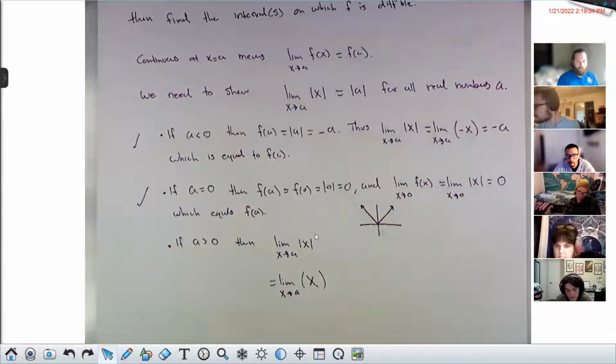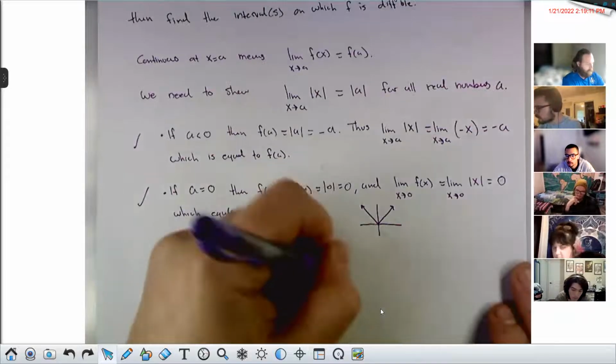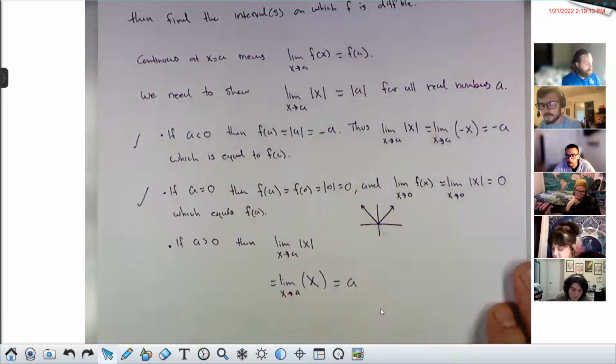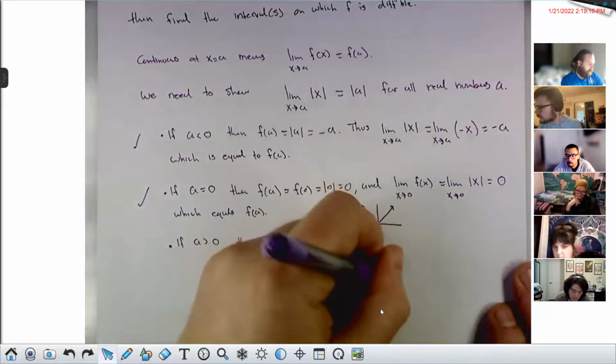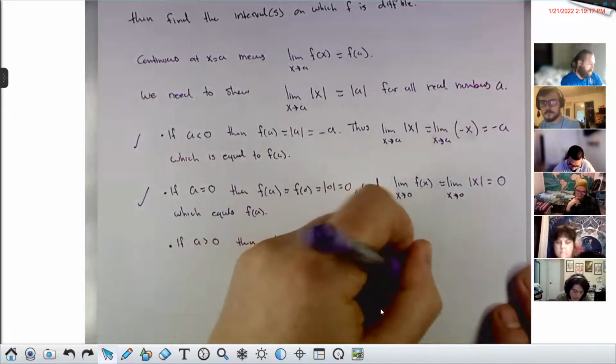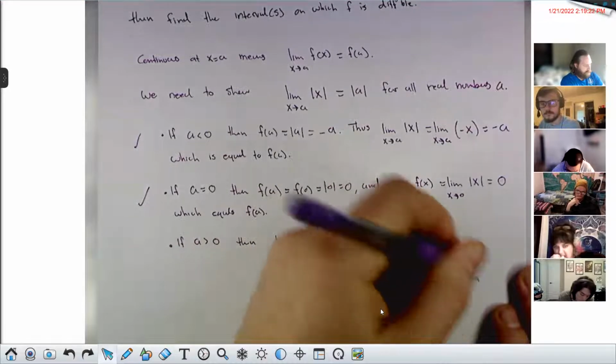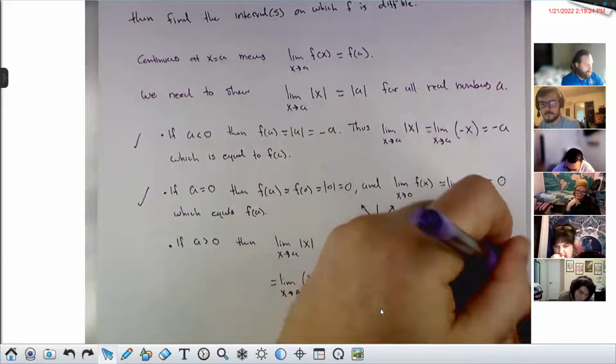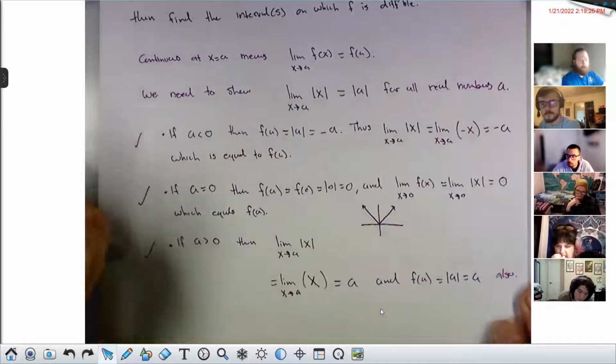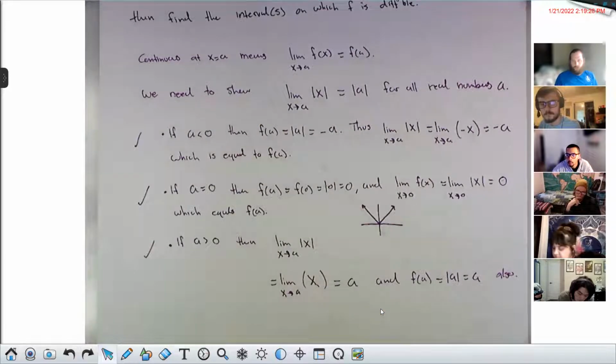Because I'm considering positive values for x, the absolute value function is just x itself. And of course, that is a. And f of a is just the absolute value of a, which is a. So that's a third big check. So the absolute value function is indeed continuous everywhere.